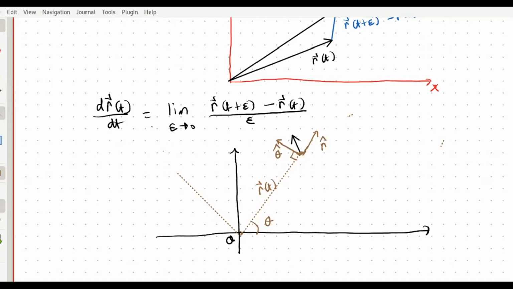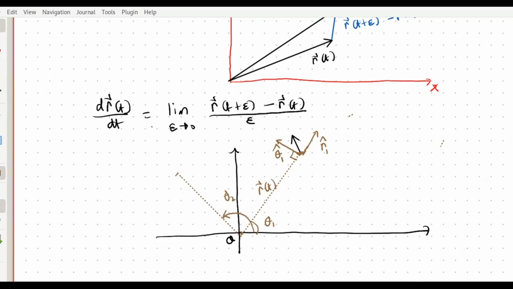So if you're at a different angle, let's call this theta 1. So r hat 1, theta hat 1. And what if we're at a different angle, say this is theta 2?